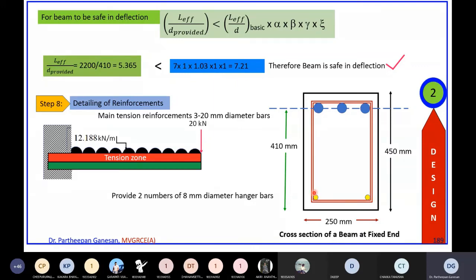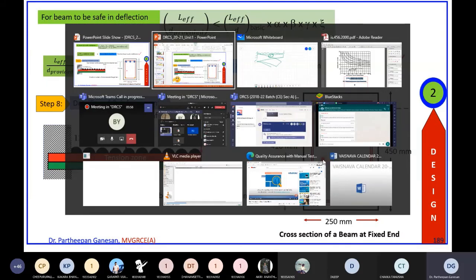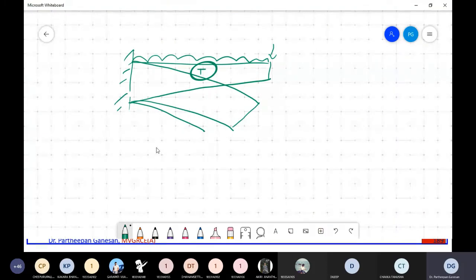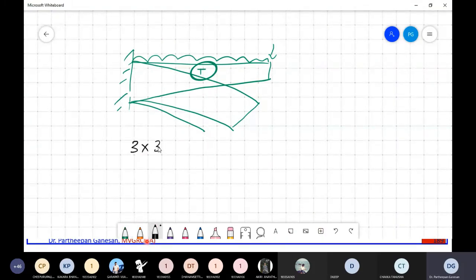Okay. Somebody asked me, instead of providing 3 numbers of 20 mm bars, let us say I have with me only 12 mm diameter bars.